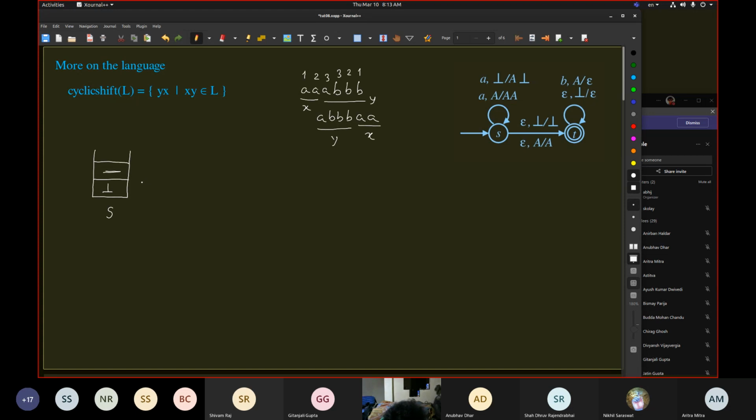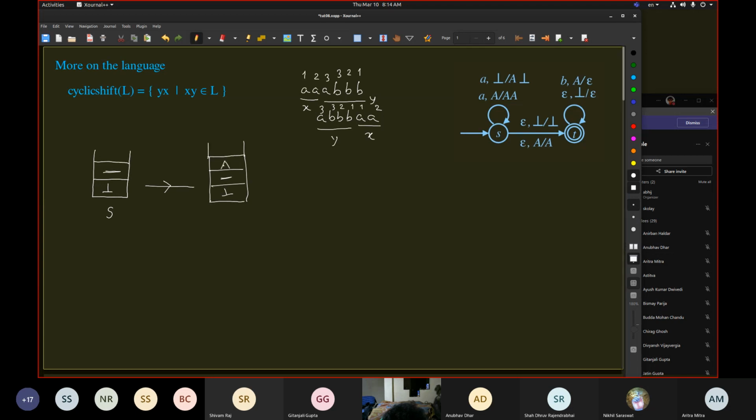So what I will do is consume this first A. In this case, this will be 3, 3, 2, 1, 1, 2. First, this machine pushes an A, because the original machine also does the same thing.